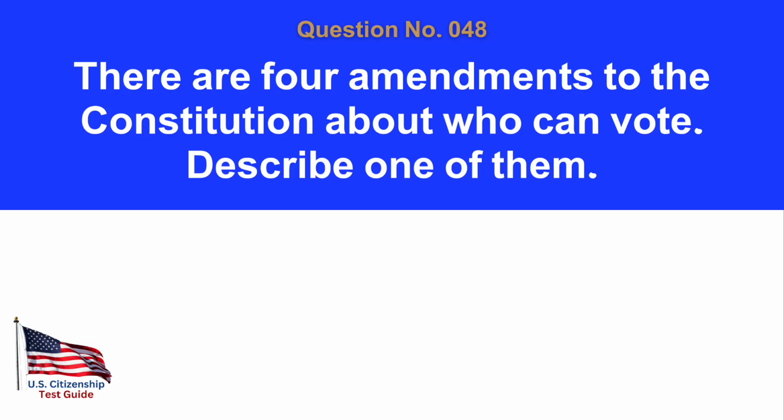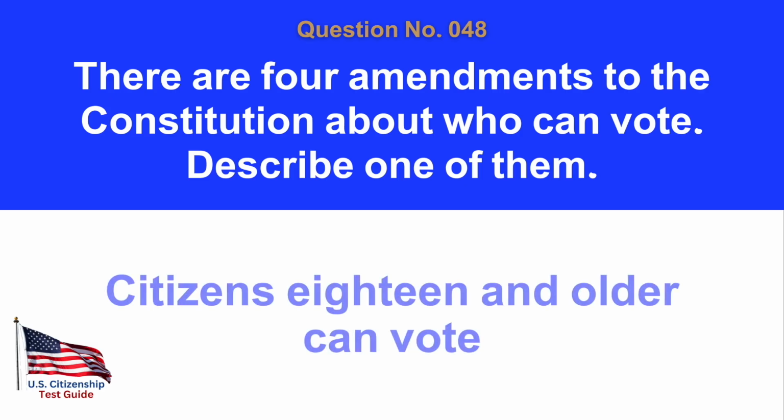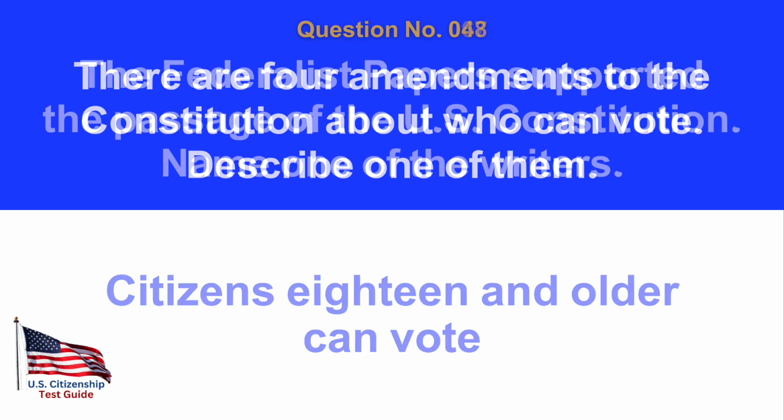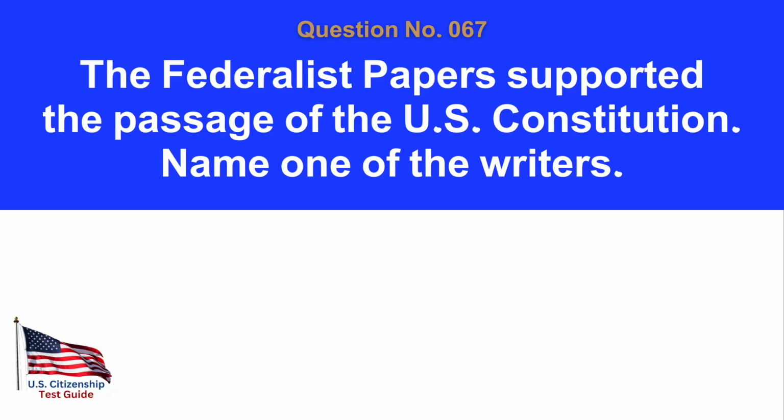There are 4 amendments to the Constitution about who can vote. Describe one of them. Citizens 18 and older can vote. The Federalist Papers supported the passage of the U.S. Constitution.